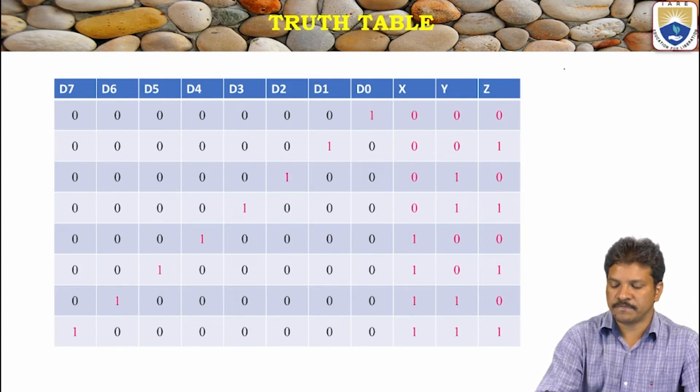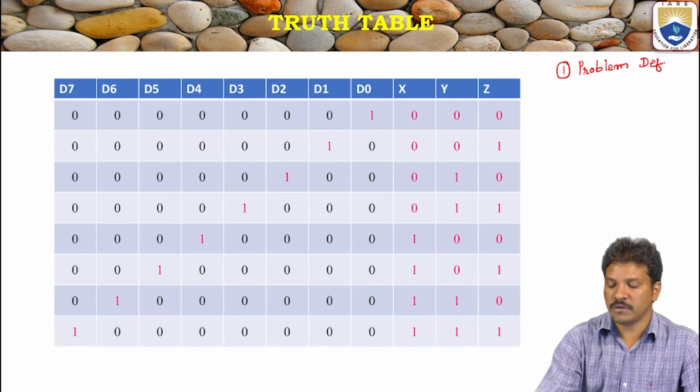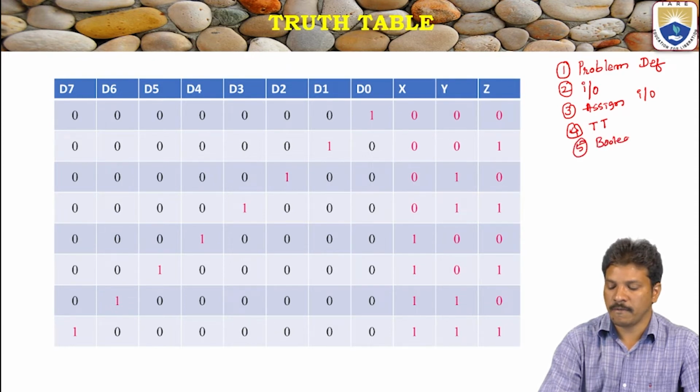The first step is problem definition, the second step is finding the input and output variables, the third step is assigning the variable names for inputs and outputs, the fourth step is the truth table, the fifth step is the Boolean function, then the minimized Boolean function, and the sixth step is to draw the logic diagram.